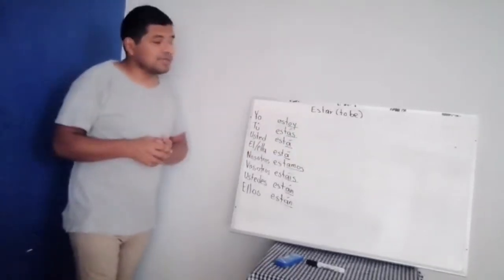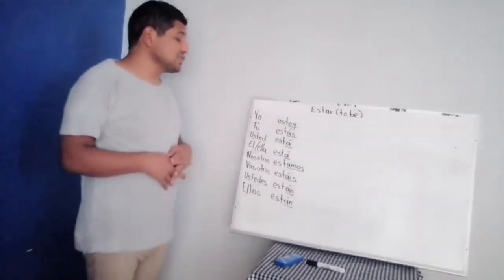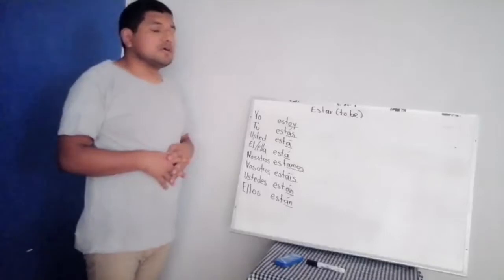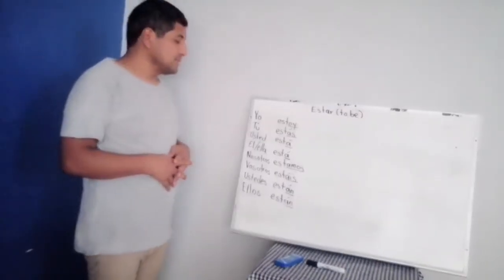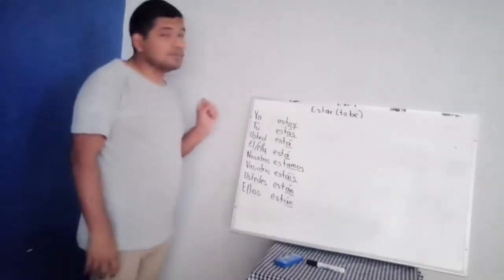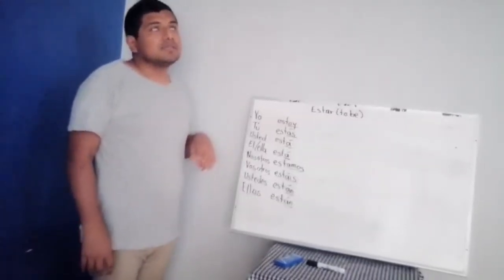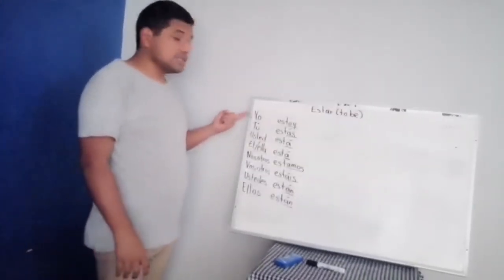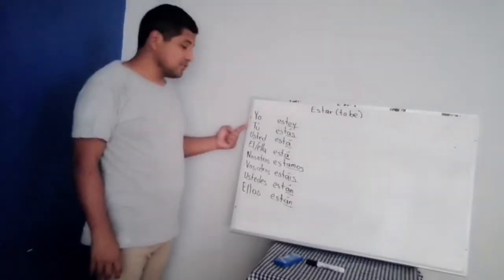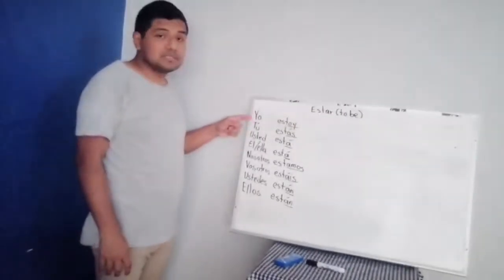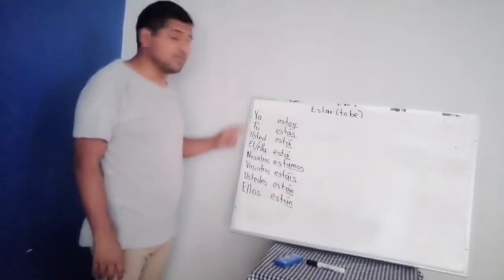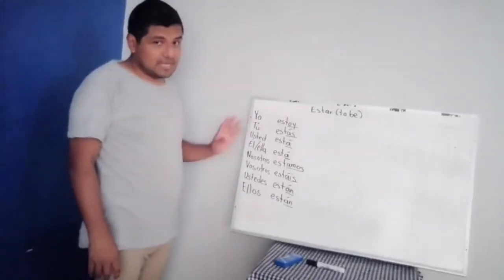So we have here the conjugation of the verb estar. First of all, we have to remember a little bit the subject pronouns, the pronombres. Remember that these are the subject pronouns, who make the action.